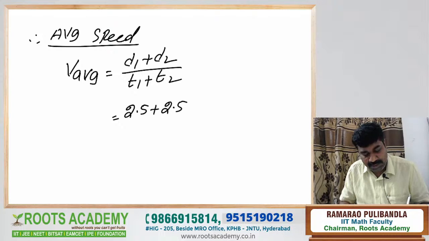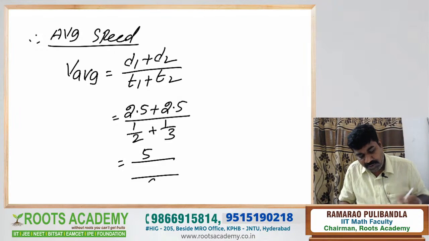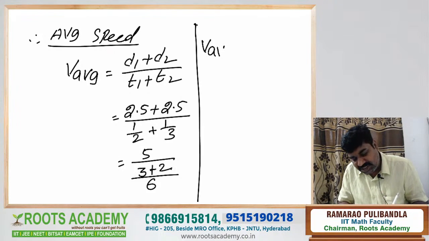That is equal to 5 by, here 6 is the LCM, 2 threes, 3 twos, so 5 by 5 by 6. Therefore, the average speed is nothing but 6 kmph.